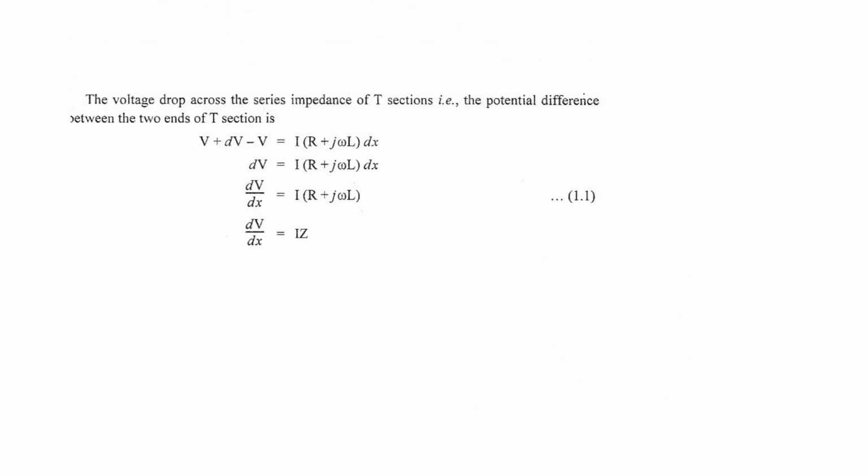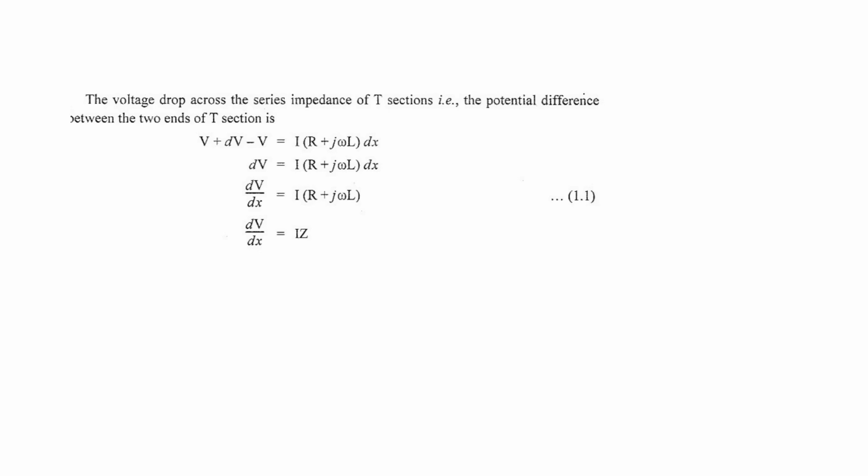Since at one end of the T section the potential is V plus dV and at the other end the potential is V, the potential difference is V plus dV minus V. Normally V equals I into R, so this potential difference is equal to I into (R plus j omega L) over the length dx.